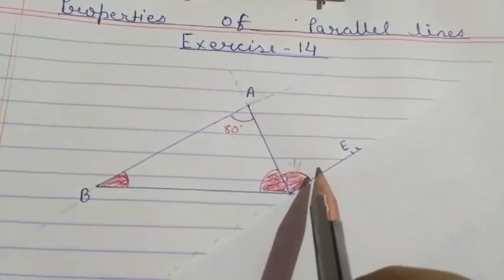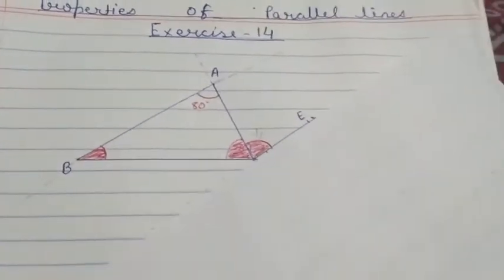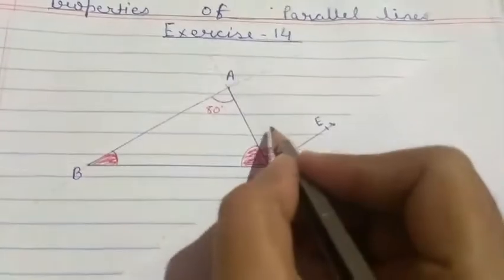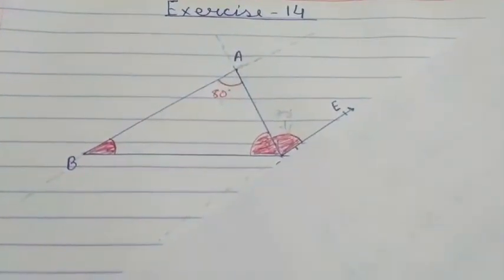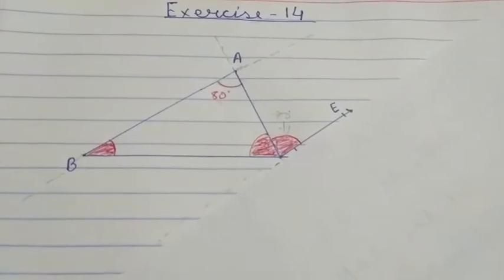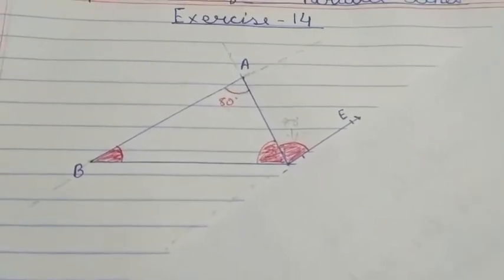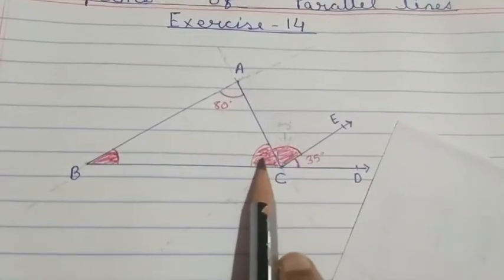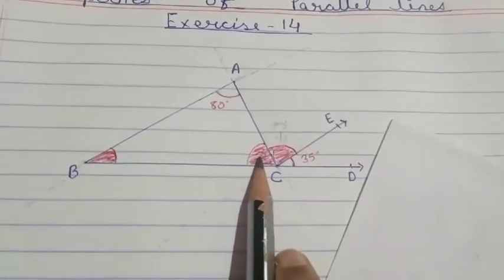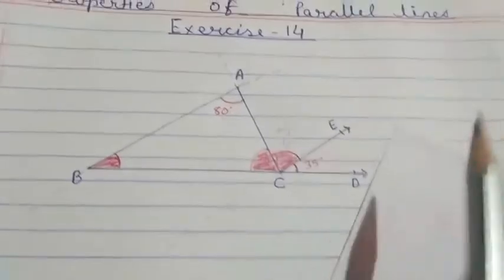Next, now you know that this one is 80 degrees, by the property of alternate interior angles. Now the second one. The first angle you know is 80. Now you have to find this angle. How can you find it?